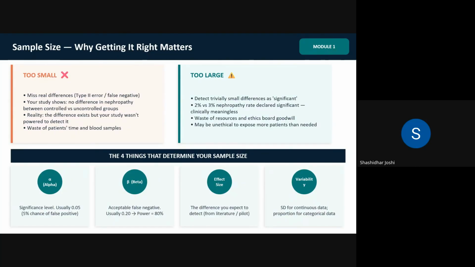If you are proving that there is no difference between two groups, but in reality there is a difference, that means it is alpha, which you don't want to see. The number for that alpha is 0.05 or 5%.